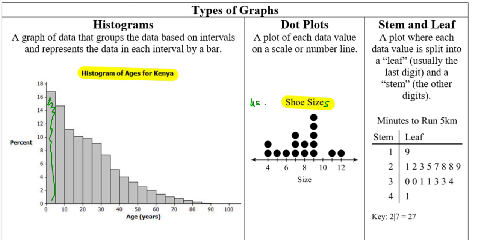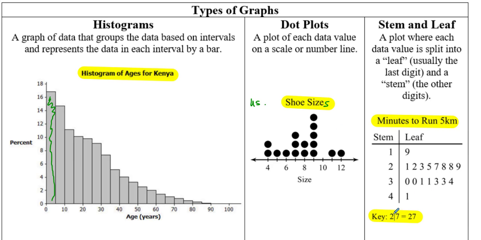All right, and then the final one that we have is the stem and leaf. This one is talking about how many minutes it takes to run a 5K. Remember, the leaf is always going to be 1 digit, the last digit, and then our stem can be more than 1 digit, and a stem and leaf plot is typically only as good as its key, right? We need that key to be able to understand what we're talking about in that stem and leaf plot.